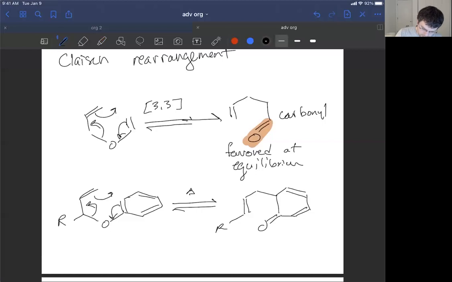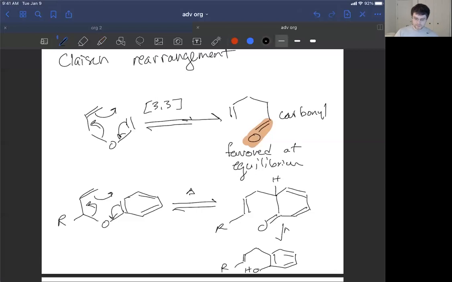But what we can do is push this towards a tautomeric equilibrium that's favorable because we re-aromatize our product. And after we re-aromatize our product, we're no longer able to do a 3,3 sigmatropic rearrangement with the same kind of driving force that we had initially.